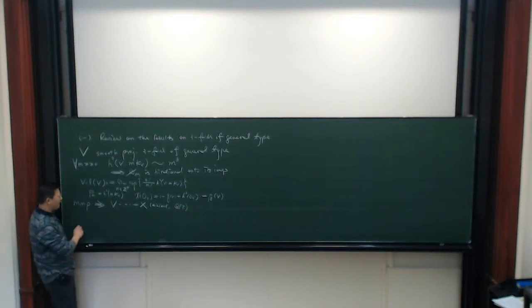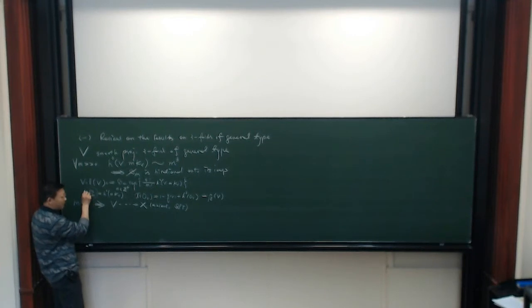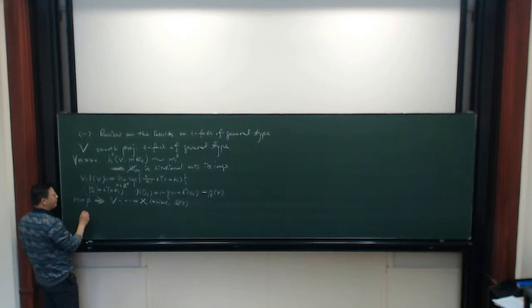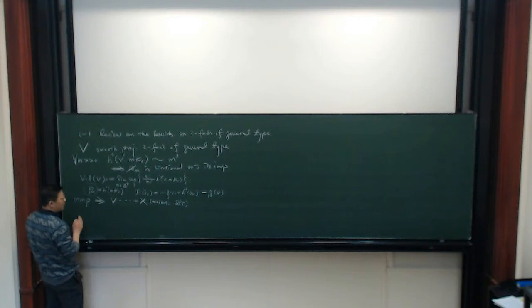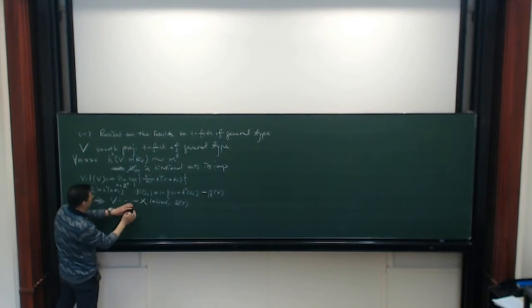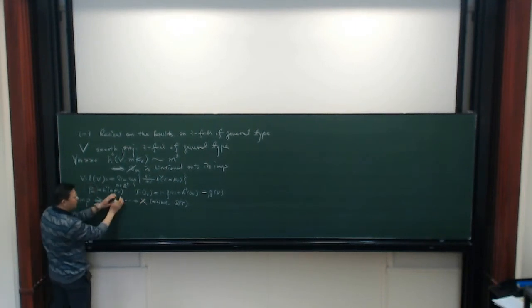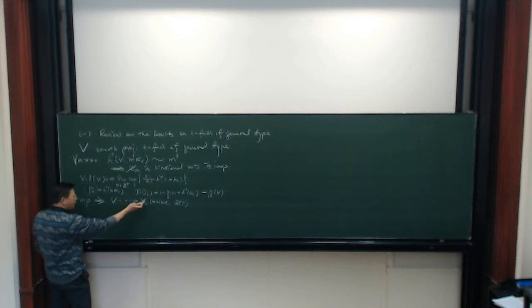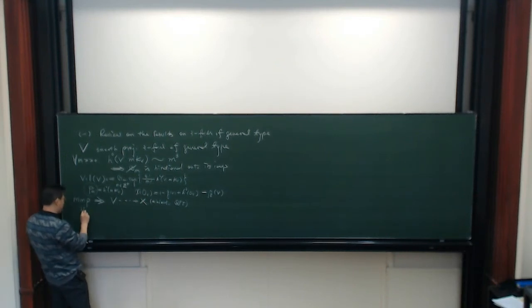Therefore, the problem becomes how to compute this plurigenus. So let me recall the Riemann-Roch formula by Reid. From now on, I only study on the minimal model. As I said, it's the same thing as studying on the smooth model.